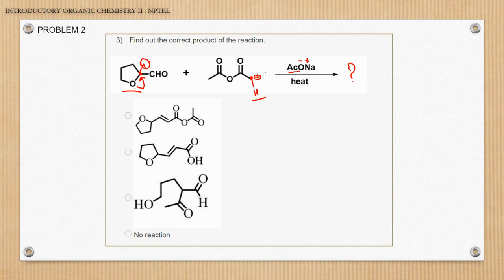A carbanion is getting generated, a nucleophilic center is there. Now, can anyone tell me what it will do now? What is happening next? This carbanion, as you can see here, there is an aldehyde group, right?